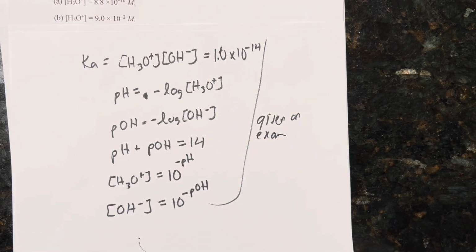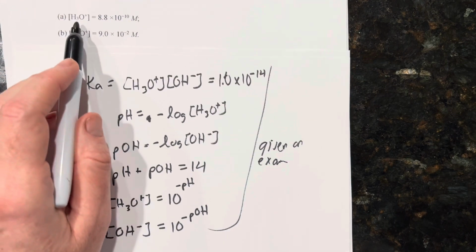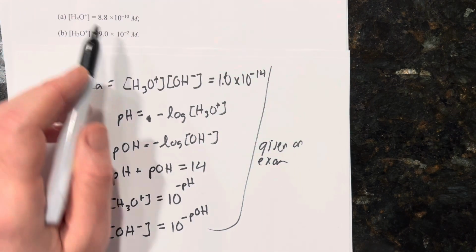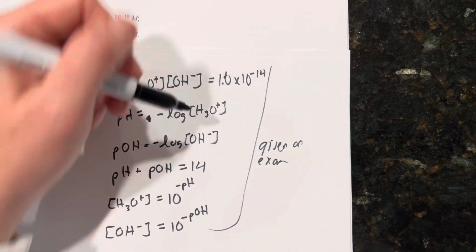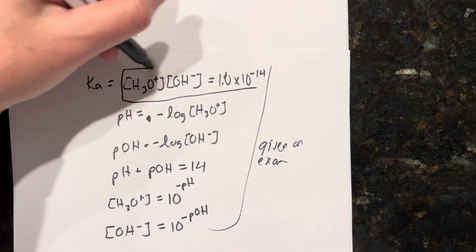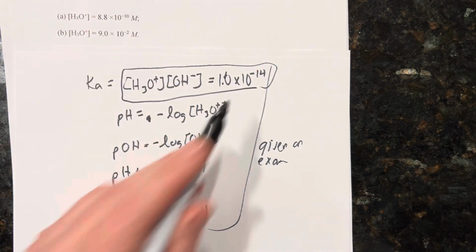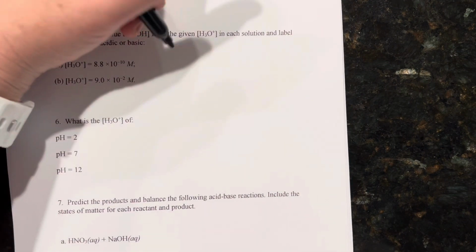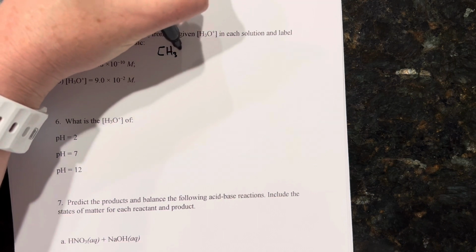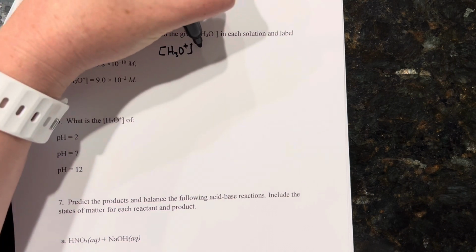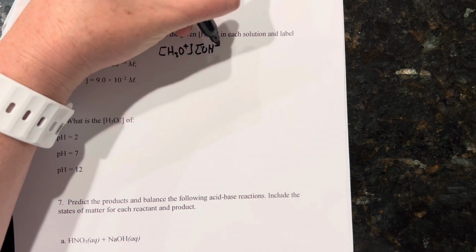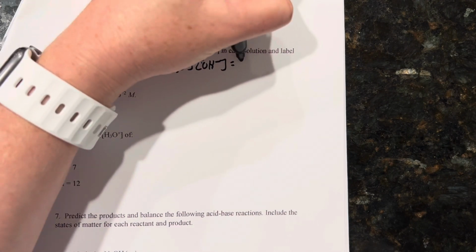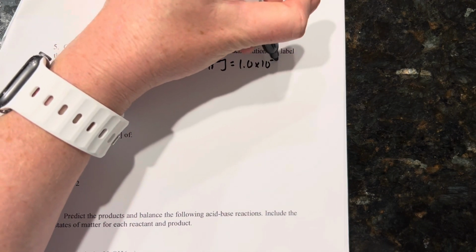Okay, so now let's go back over here. It gives us H3O plus, and it asks us to find the OH minus. The only equation that has both of those two things in it for the fastest way is this one right here. So let's figure out how that would work. Our H3O plus times our OH minus is equal to 1.0 times 10 to the negative 14.